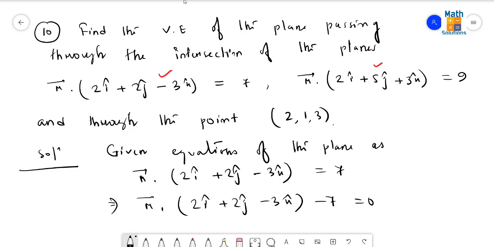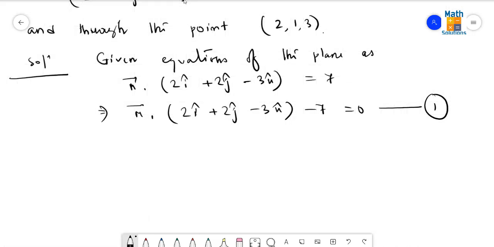So this I can consider as 1. Similarly for the later part, and what else is given?